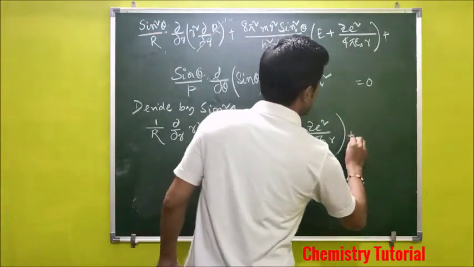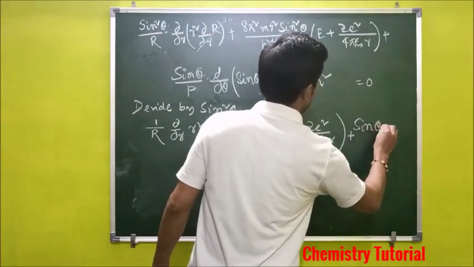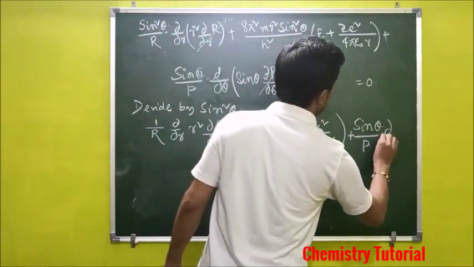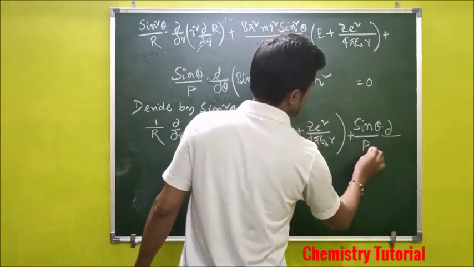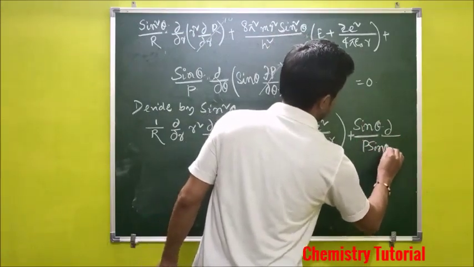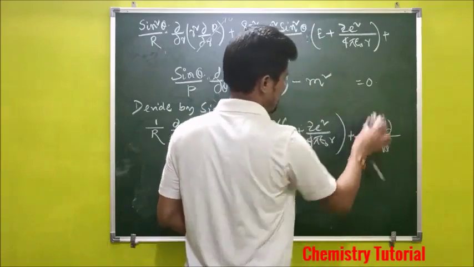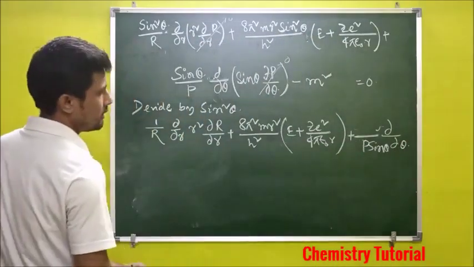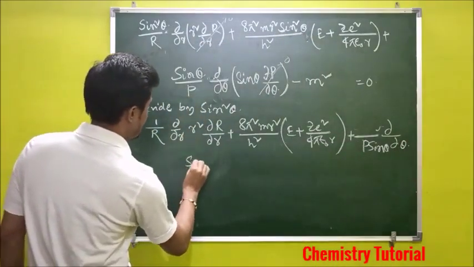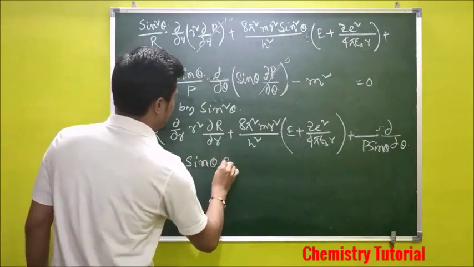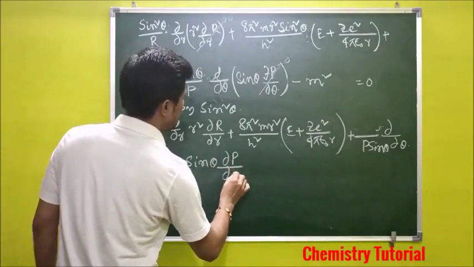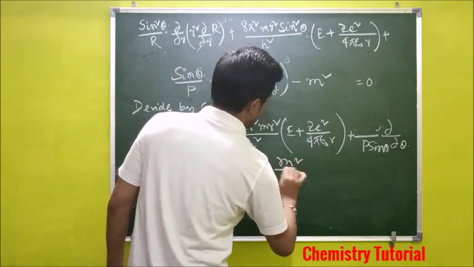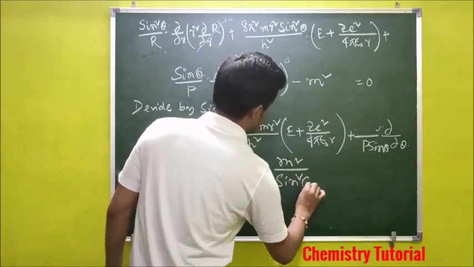Plus 1 by P sin theta, no, the sin theta will remain in the denominator part, not in the numerator, d of d theta sine of theta d P by d theta, plus 8 pi square m minus sine square theta.